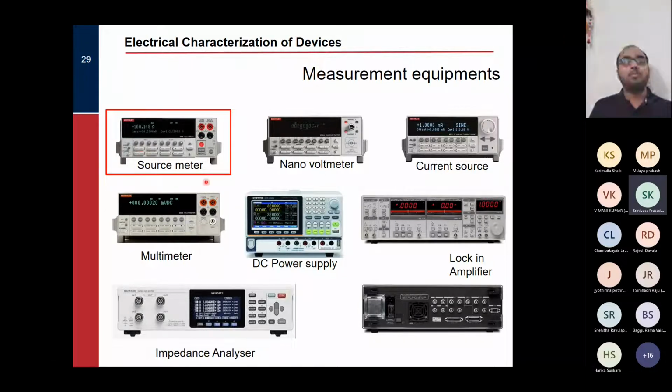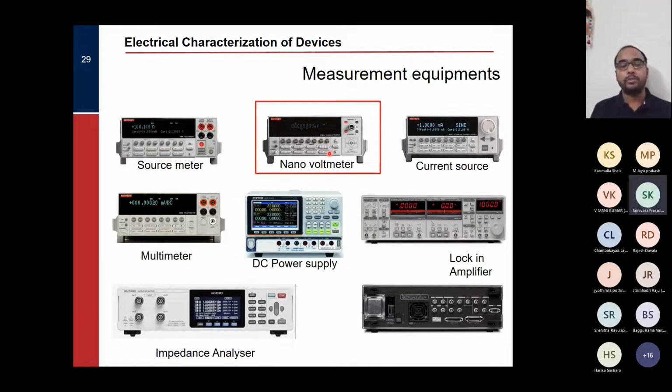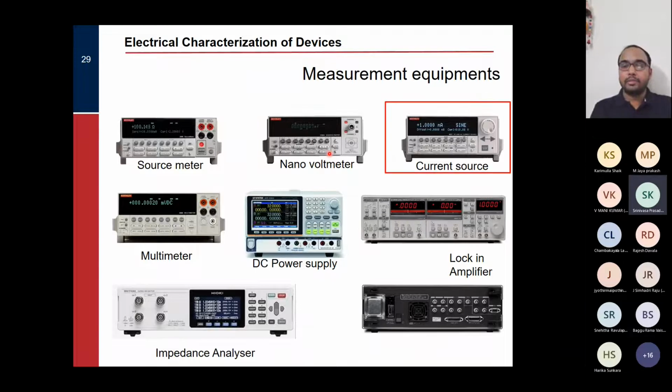Now, if I want a much more accurate measurement, that is a 4-probe measurement. The source meter is typically used for a 2-probe measurement, but you can also do a 4-probe measurement. But if I want to do a very accurate measurement, then I have to use these two. This is a nanovoltmeter, which means that it can measure nanovolts, 10 to the power -9 volt. And here I have a current source, a programmable current source, the K6221.